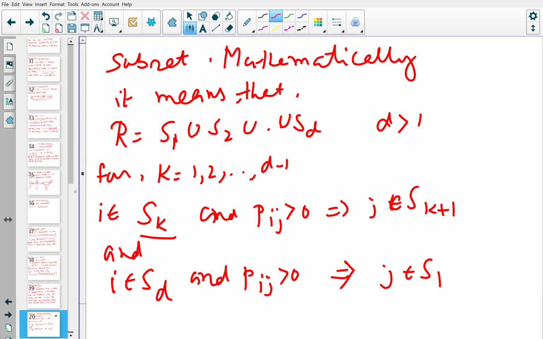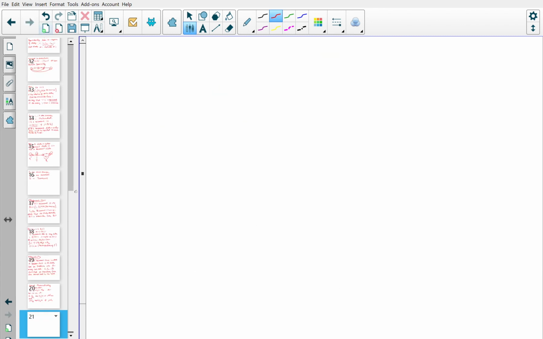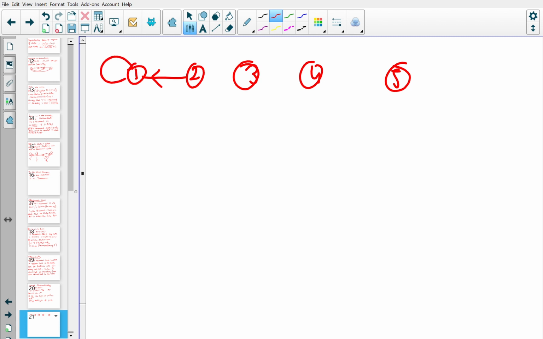This is the meaning of periodicity. You are going from one side to another side. Let me give an example. Suppose you have states 1, 2, 3, 4, 5, with transitions 2 to 3, 3 to 4, 4 to 5, 5 to 4.